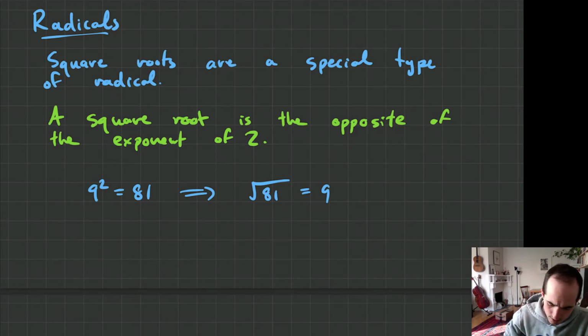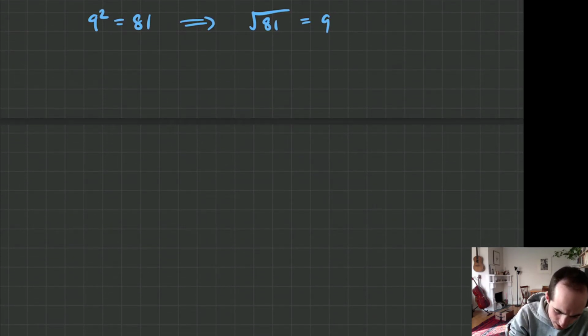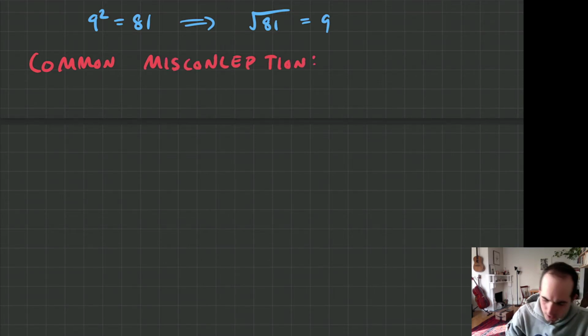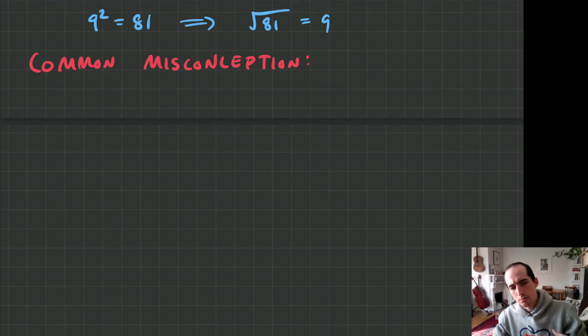Now, I just want to be very clear about a common misconception. I can't even begin to tell you how often I see this misconception, and it seems like an honest mistake, and it is an honest mistake, but it can lead to deeper problems that kind of balloon.